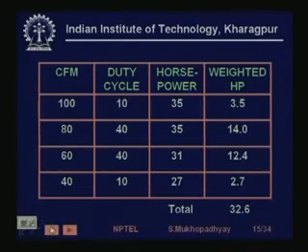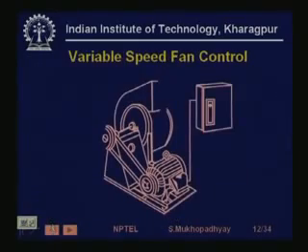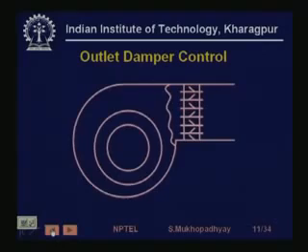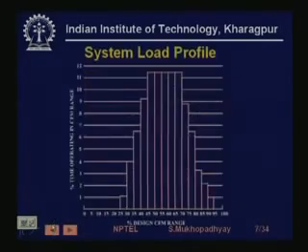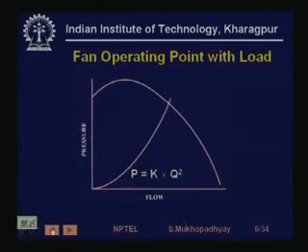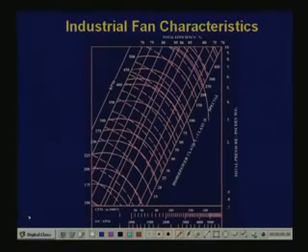Okay, can I go back to the fan curve just to show you. Yeah, so we are at the fan curve. Actually, this has been calculated with a fan RPM of about 300.